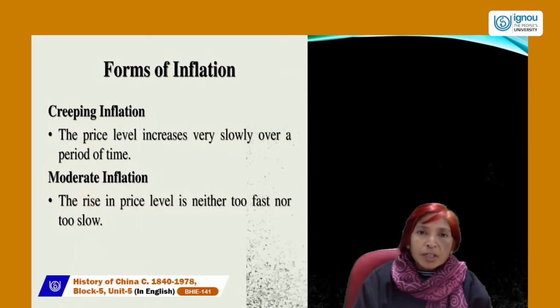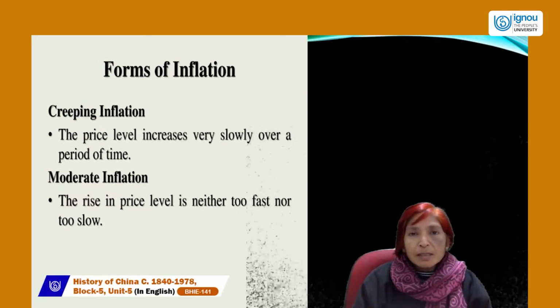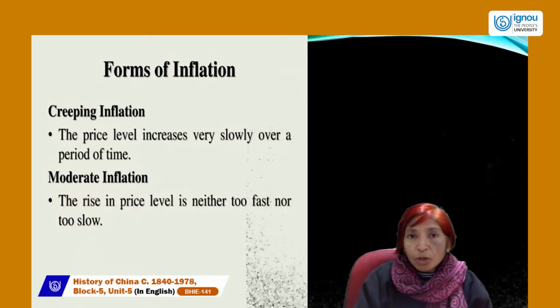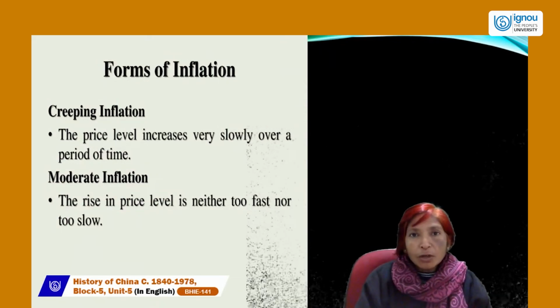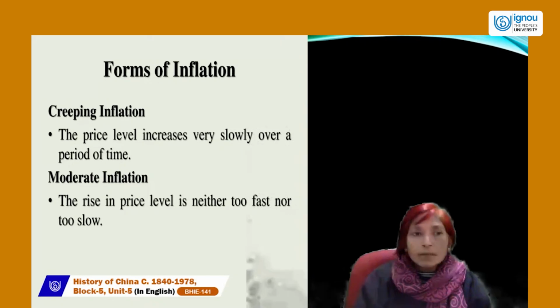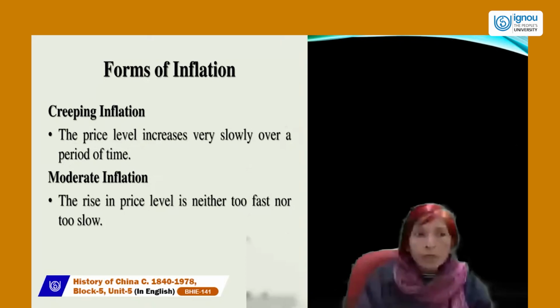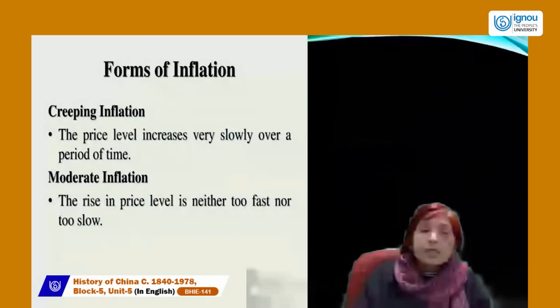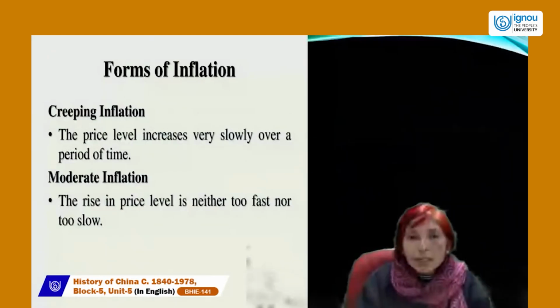Different forms of inflation are based on the situation of a child. So in the beginning, before running, before walking, the creeping situation exists. So creeping inflation is that situation when the price level increases at a very slow rate over a period of time.